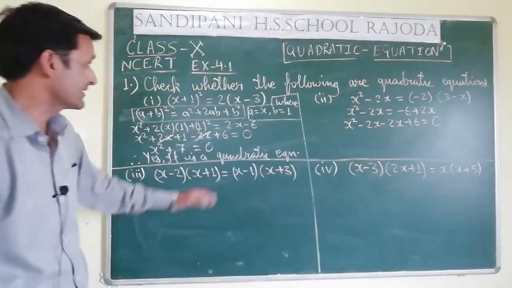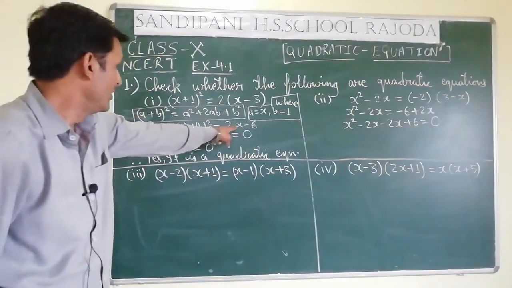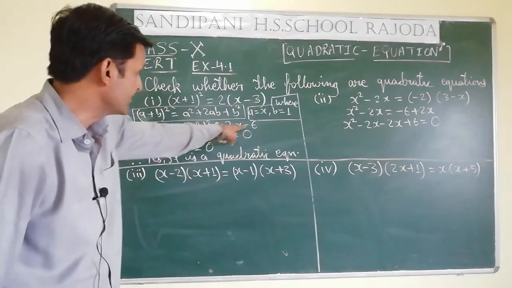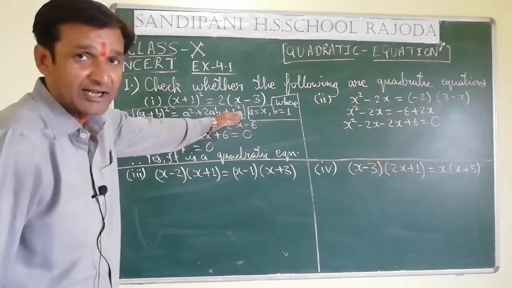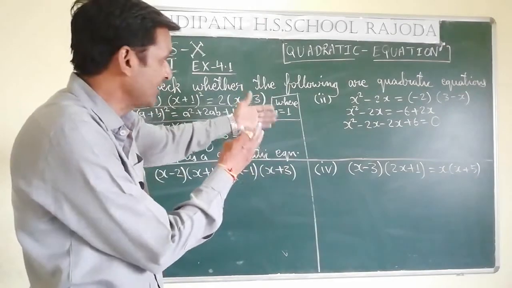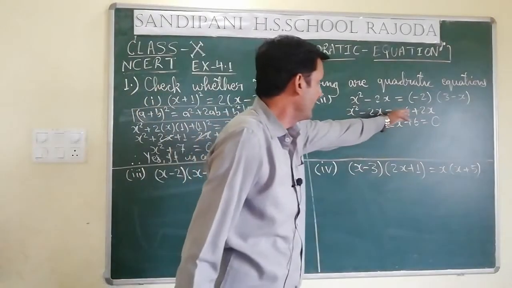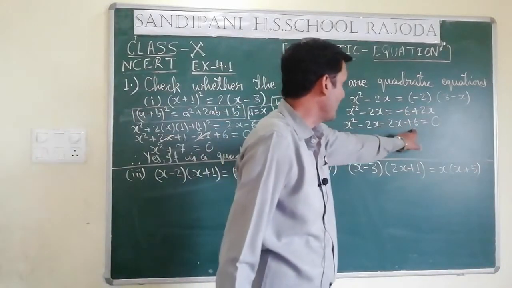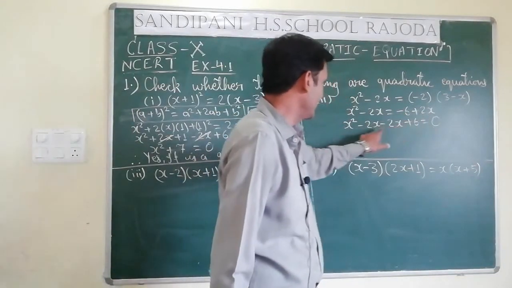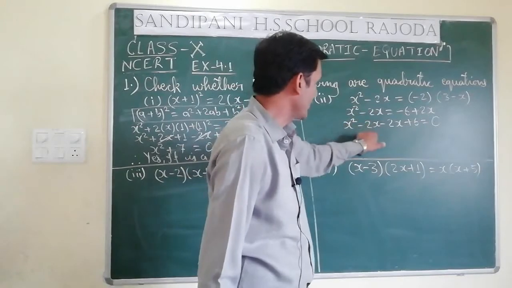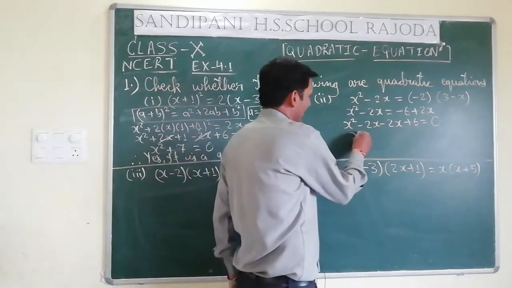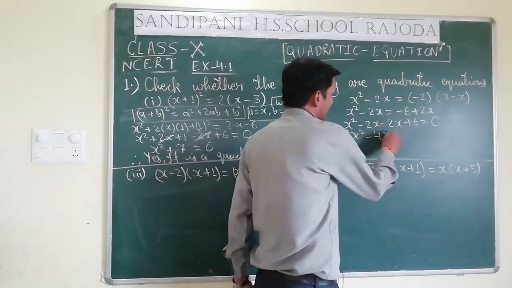As in the previous question, we have to change the signs if we are transposing from RHS to LHS or from LHS to RHS. Here we have transposed this minus 6, and it becomes positive 6, and this 2x becomes minus 2x. So, minus 2x minus 2x will become minus 4x. So, x square minus 4x plus 6 is equal to 0.